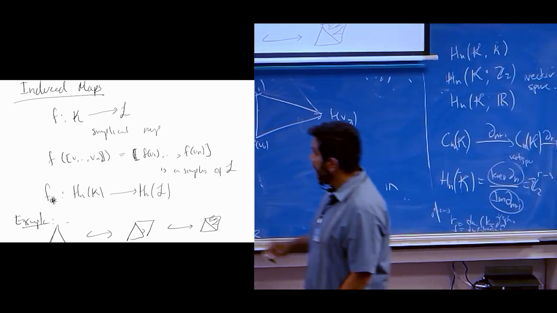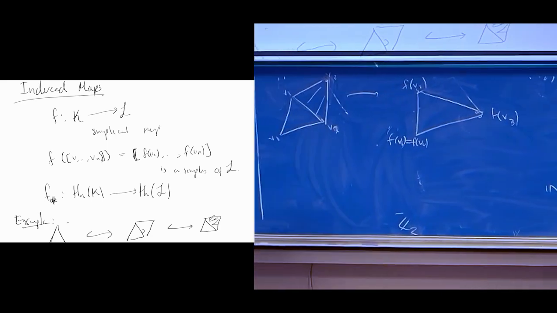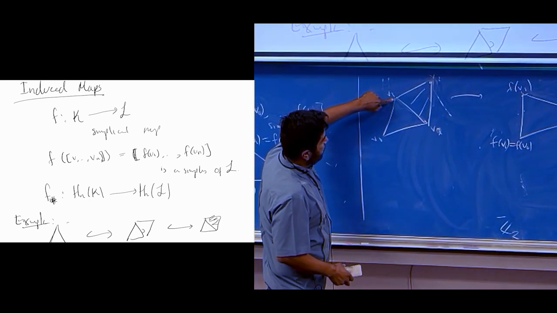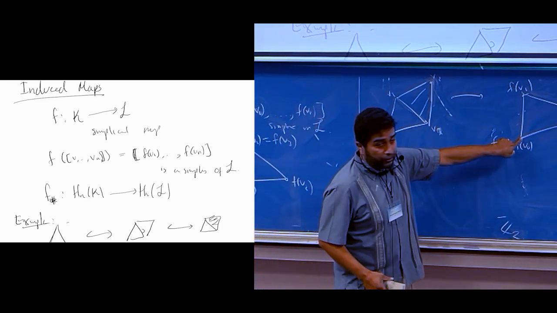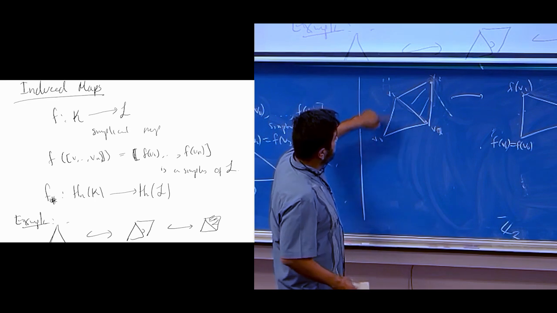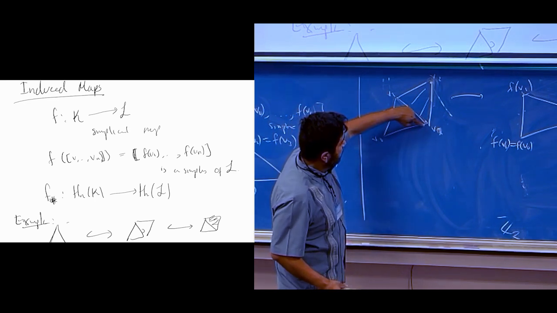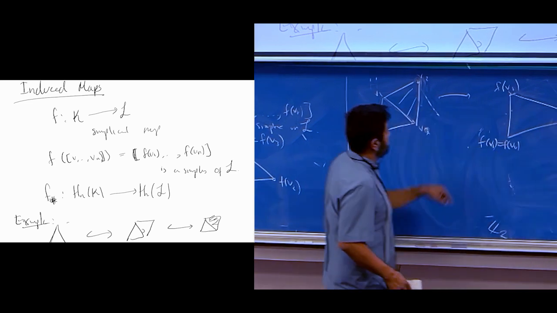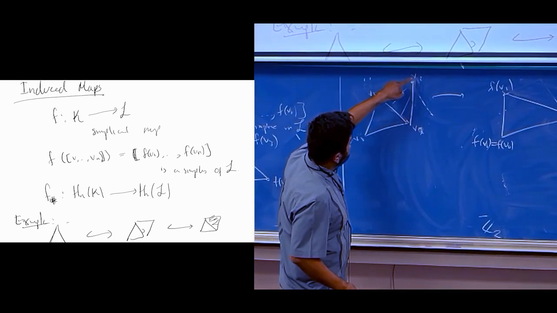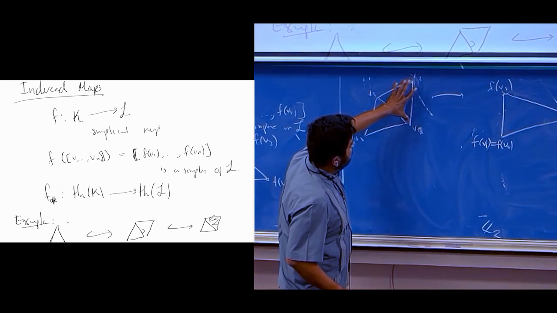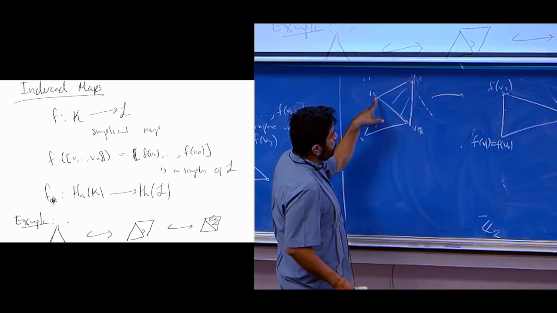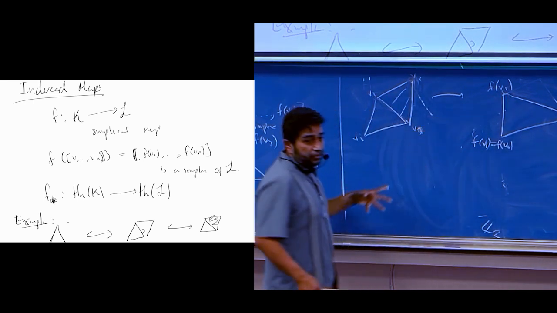This is not right. The problem here is exactly V0 and V1. This edge is being mapped to this point, which is no problem. This edge V0, V3 is mapped to V0, V3, which is no problem. V2 and V3 are mapped to different points, so they are mapped to this edge. V1 and V2 are also mapped to this edge. There is no problem at that point.